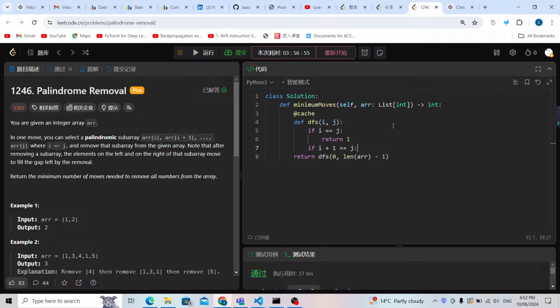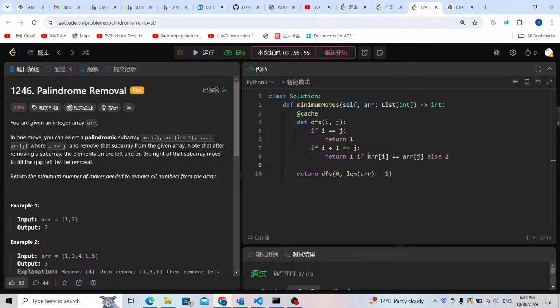It's the same because they're just next to each other. We're going to return 1 if array i equals array j. If they are not equal, we're going to return 2 because at least we're going to need 2 removals.